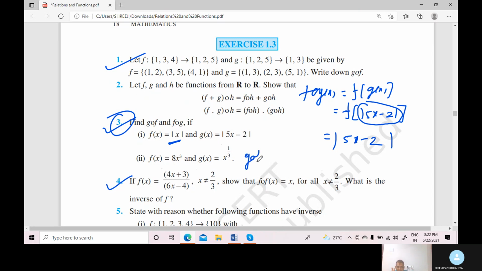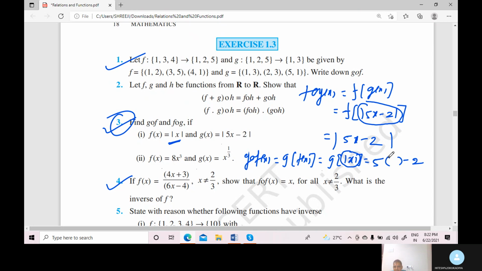Now we calculate (g∘f)(x), so g of f(x). f(x) is |x|. For the function g, |x| plays the role of x. The function g(x) is |5x − 2|. Put |x| in place of x.